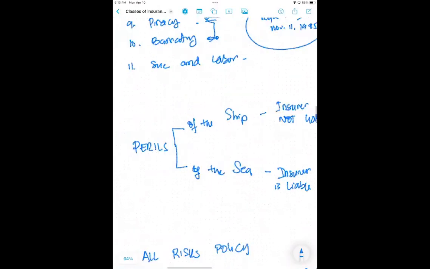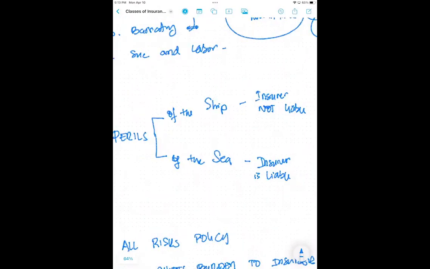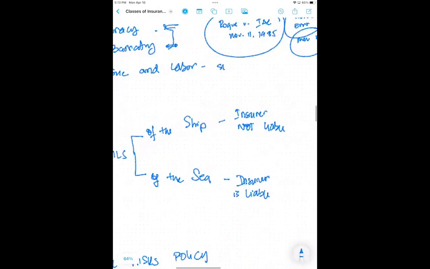Now, sue and labor. Okay, what is this sue and labor? So this is actually covered by section 165 of the Insurance Code.